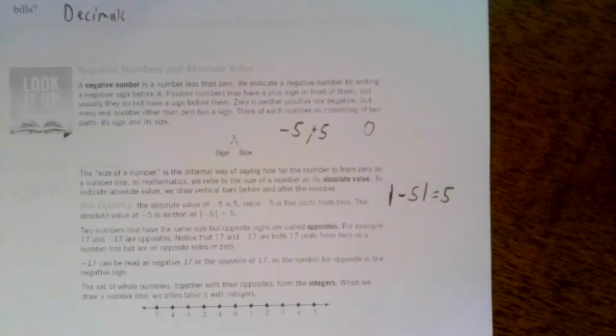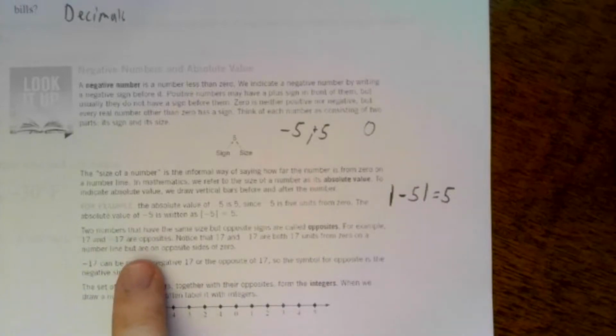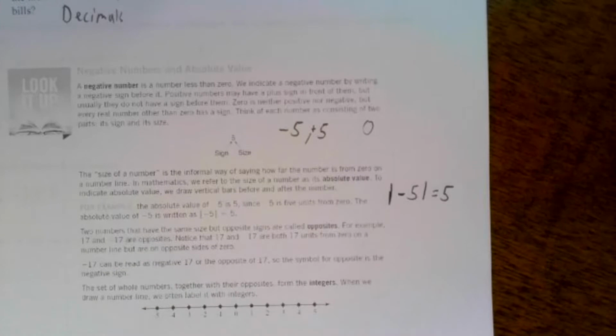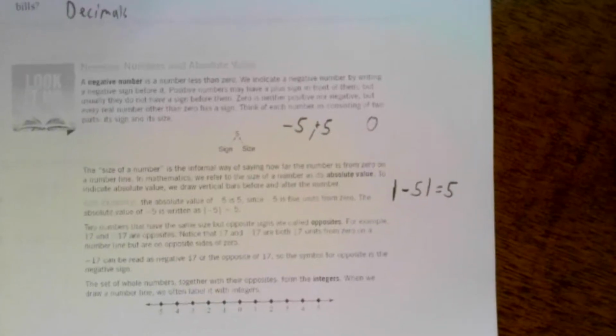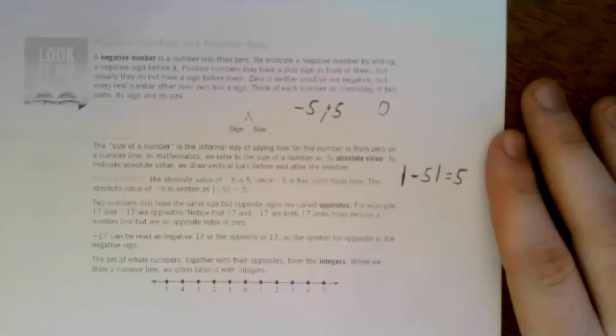All right, so it says 2 numbers that have the same size but opposite signs are called opposites. The example they give is a positive 17 and a negative 17 are opposites, right? So if we add those 2 numbers together, we just get 0. They're the same size, they just have different signs. Okay.